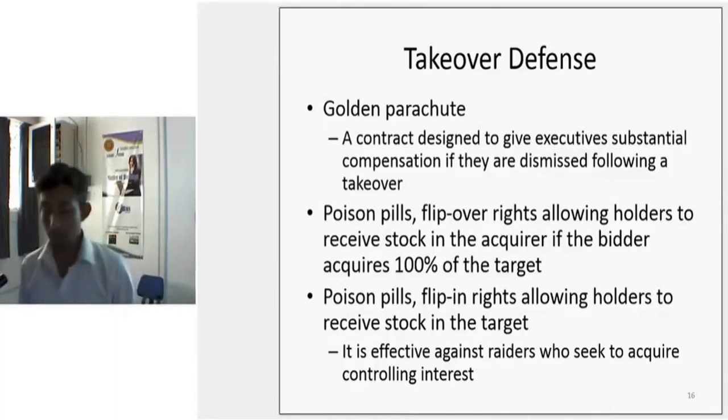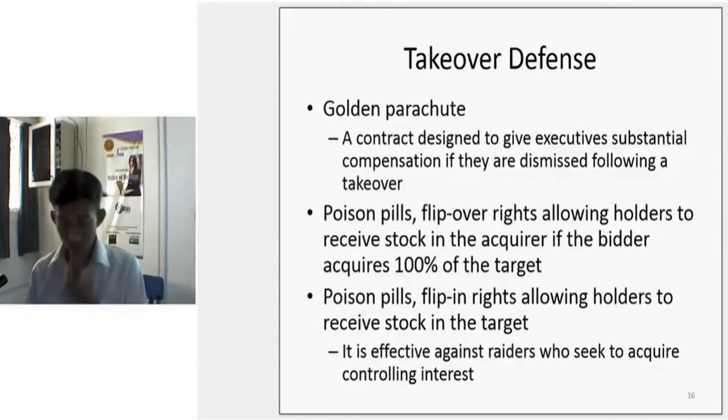So in the corporate world, especially the US, when the markets are saturated, one company is always trying to take over another firm to expand. So what they do is come up with all these tactics to defend themselves.